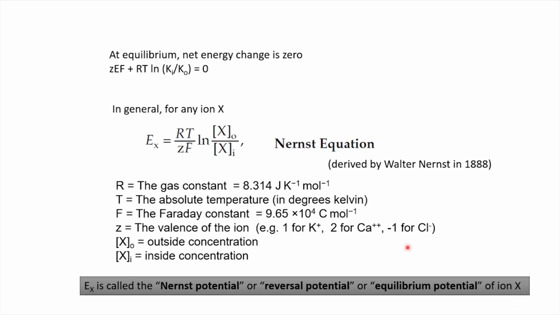So for potassium, we will get a particular value if we put in the concentrations of potassium and the charge of potassium. And we might get a different value for sodium and a different value for chloride. So each ion may have its own particular equilibrium potential.